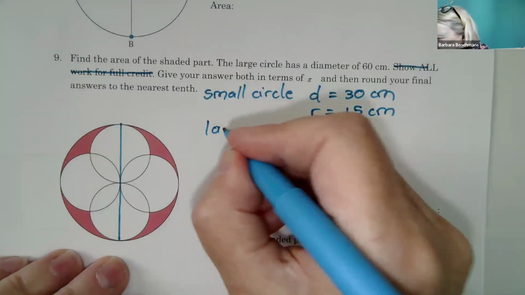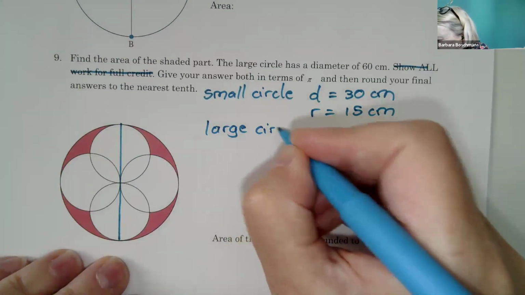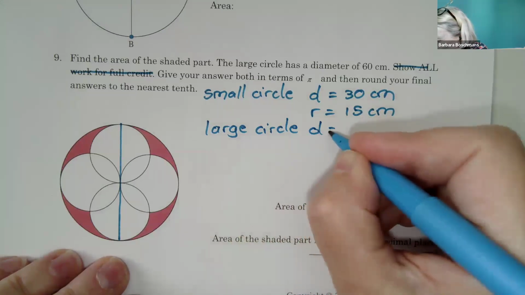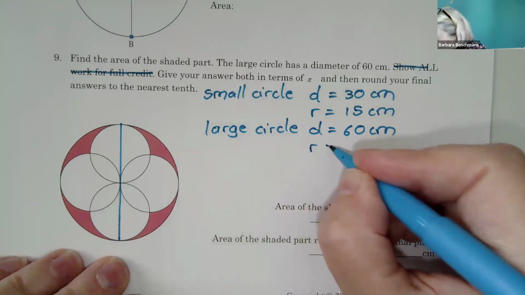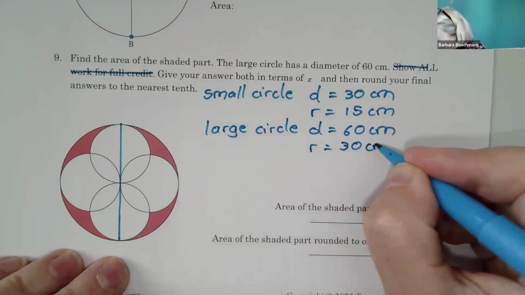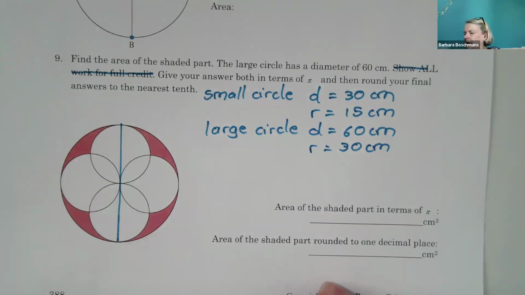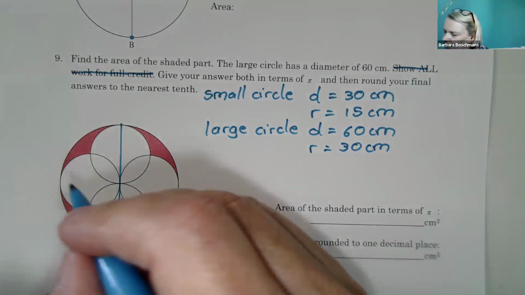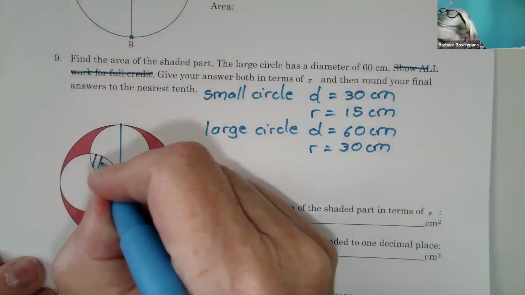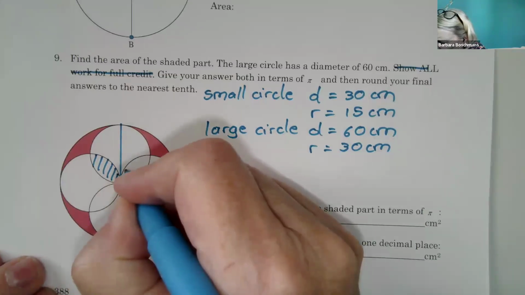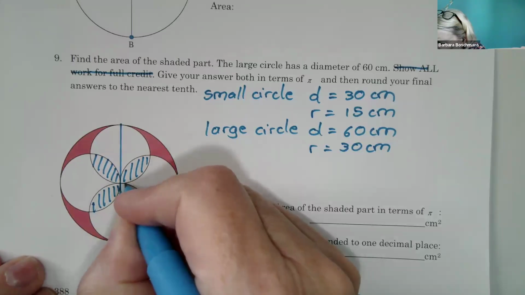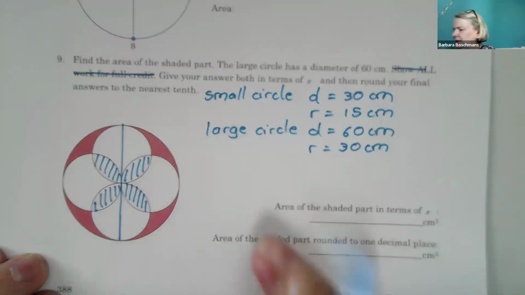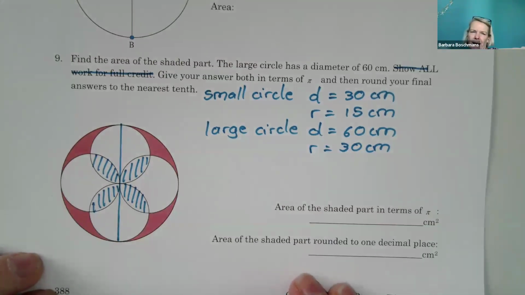The large circle has a diameter of 60 centimeters, so the large circle has a radius of 30 centimeters. So the challenging part is that you have circle parts that overlap.